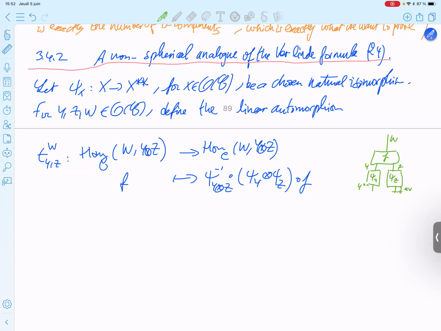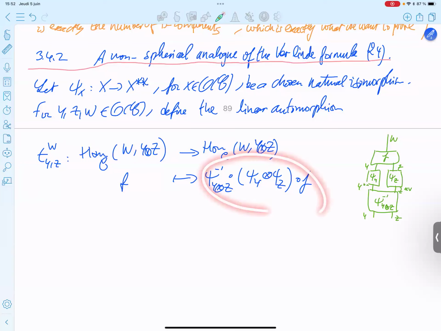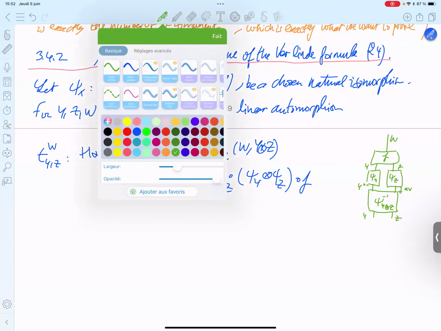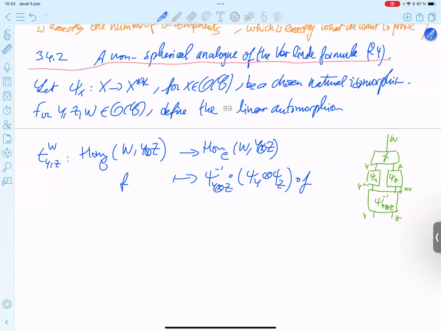And then you apply the inverse of phi_{Y tensor Z}. Okay, so this is a picture for that. As I said, this quantifies the failure of being monoidal for the natural transformation phi.